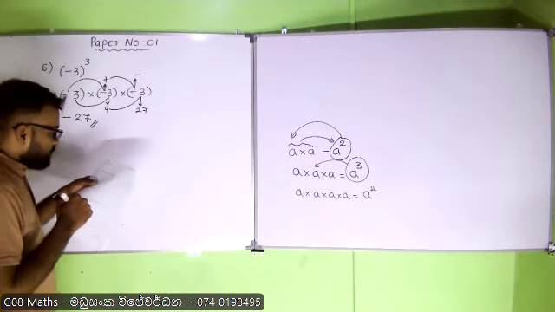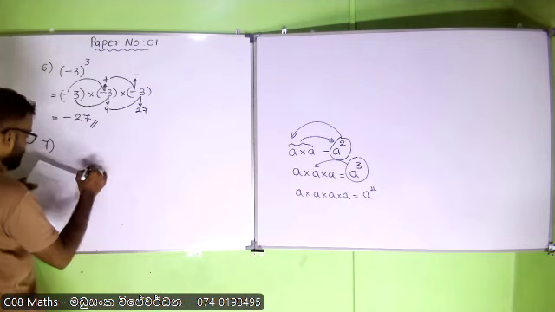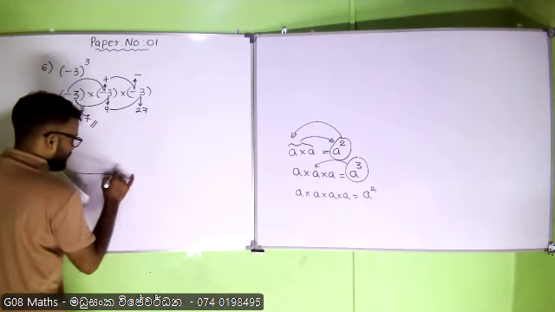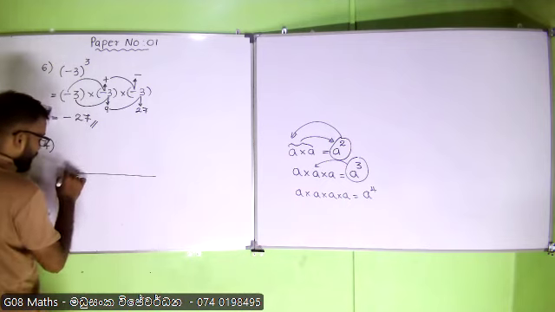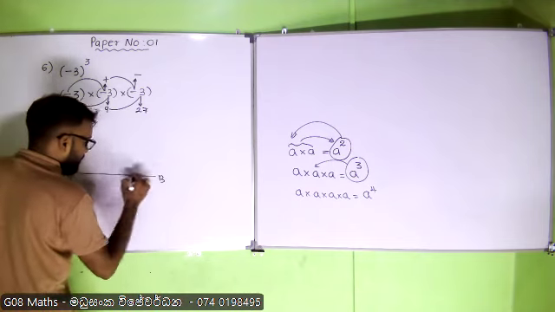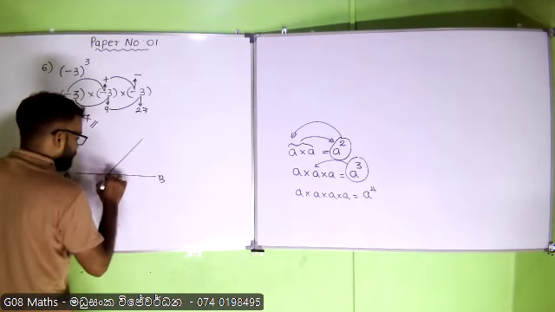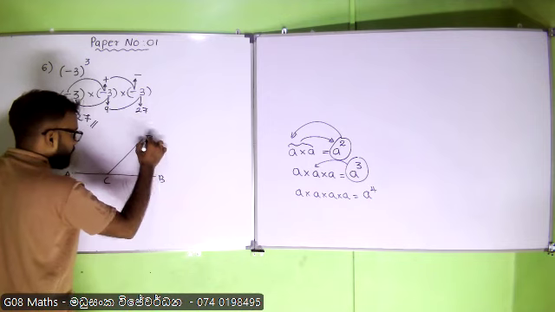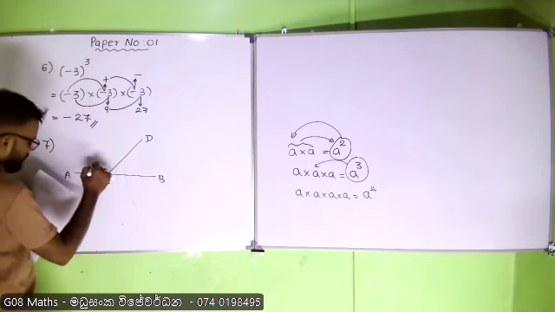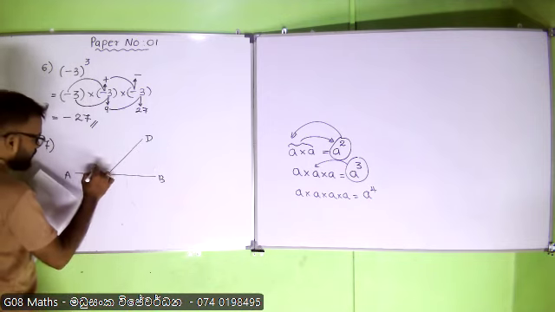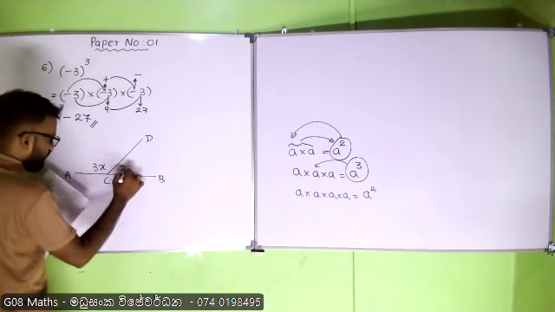AB and CD are straight lines. Find the value of x. That is the 7th question.